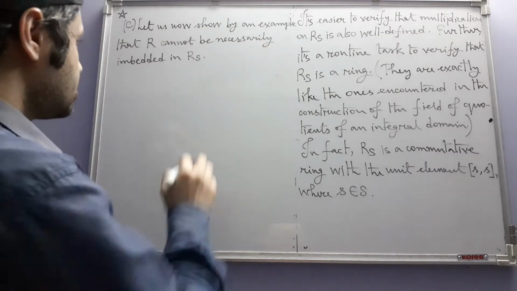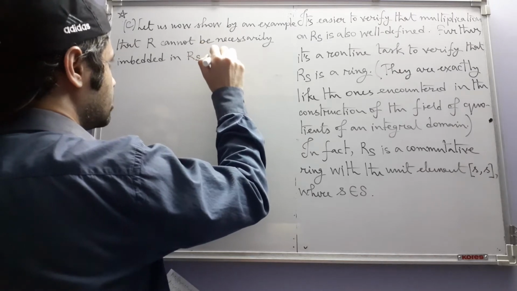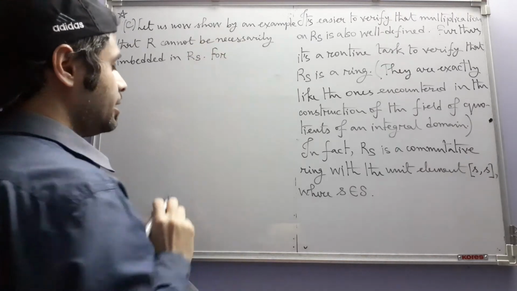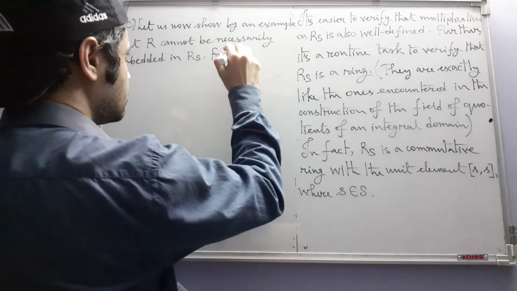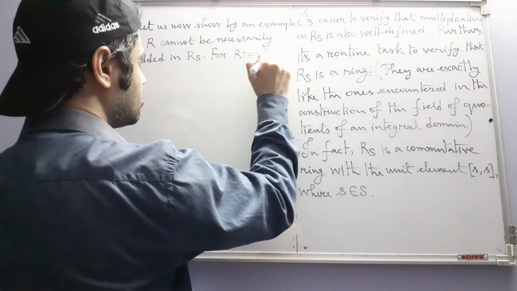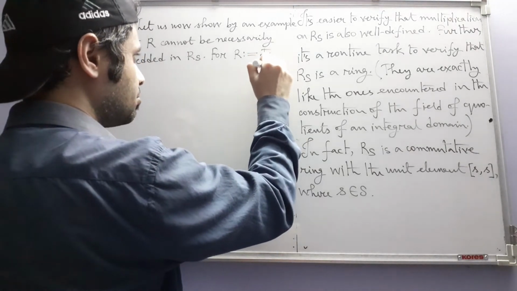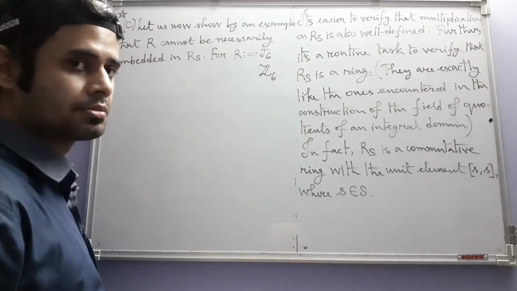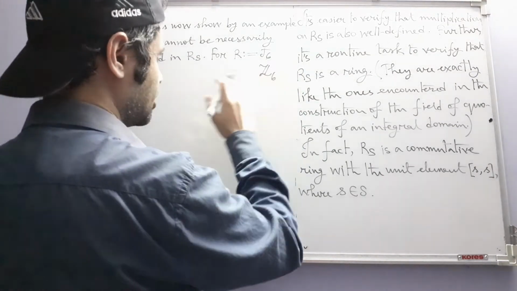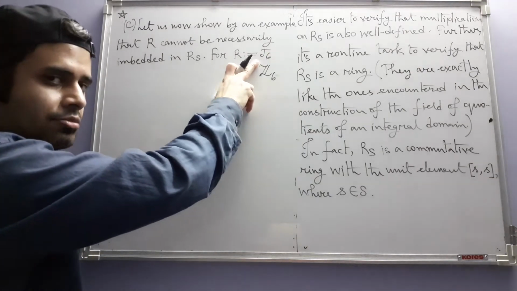For this we are going to take the ring of integers modulo 6 for R, equal to J6. According to the popular notation, people will write it like this, but since Herstein is denoting the set of integers by J, we stick to it.